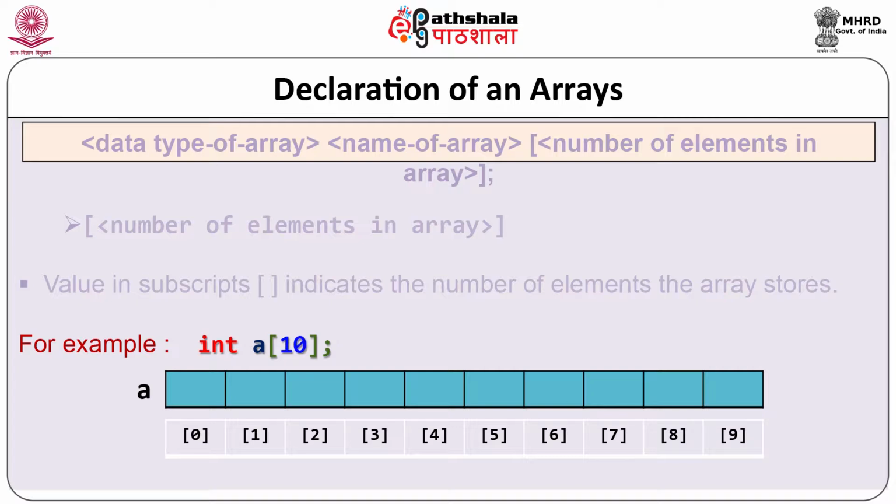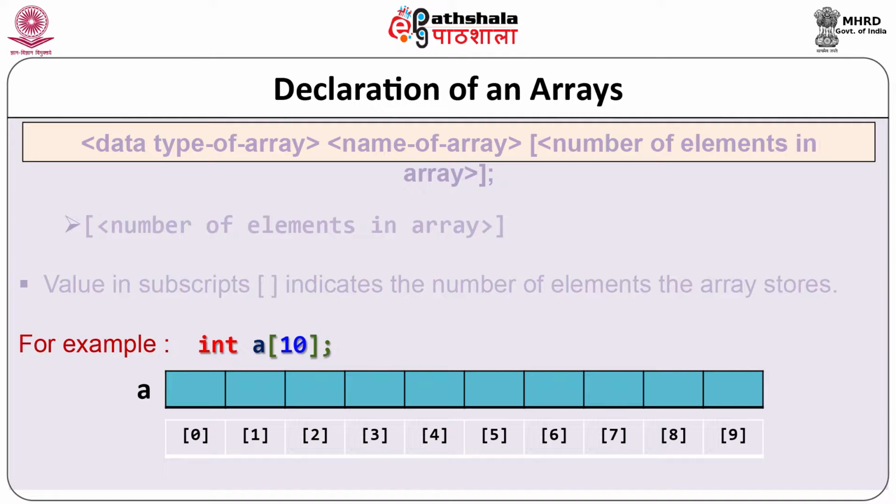In this slide you can see there are 10 different boxes or places used for the array: 0, 1, 2, 3, and so on up to 9. A[0] means the first element of the array, A[1] means the second element, and A[9] means the 10th element.